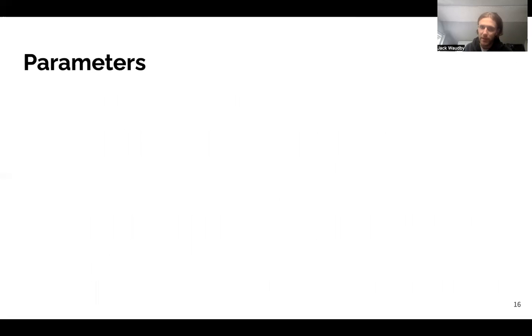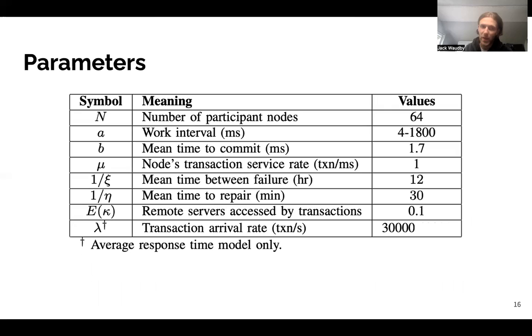Just to run through quickly, the parameters in the workload. We had the number of participant nodes. We had this parameter A, which was our epoch length, our work interval, which we varied across our experiments. We had the mean time to commit to be just below 2 milliseconds, a transaction service rate of a millisecond on average, a mean time between failure of 12 hours, and a mean time to repair of 30 minutes.